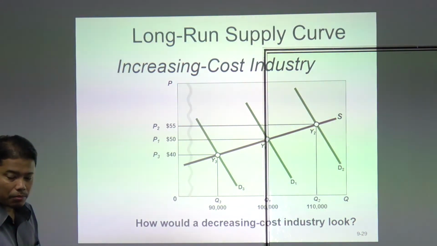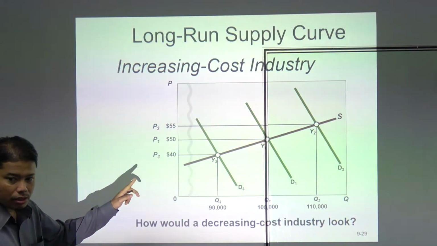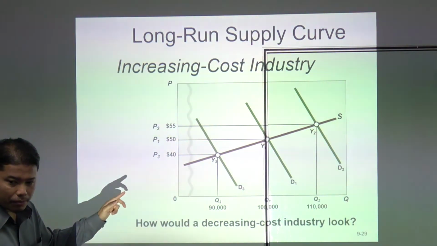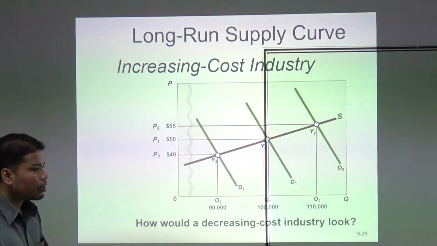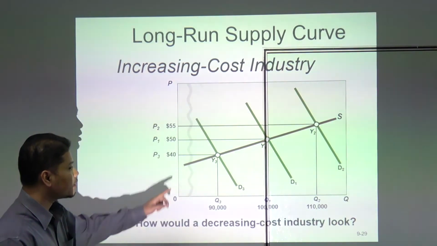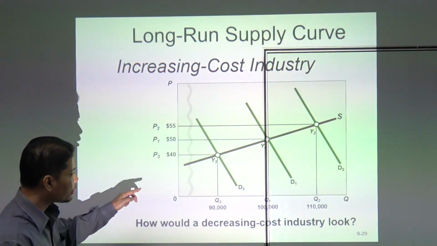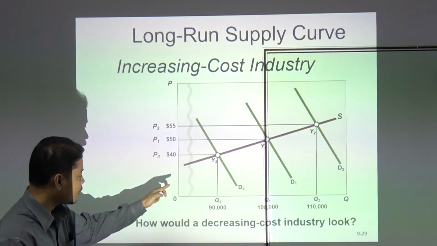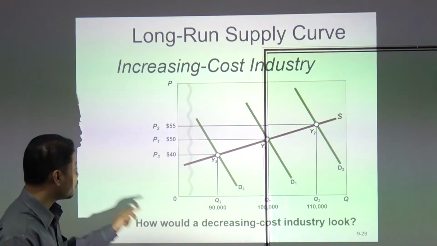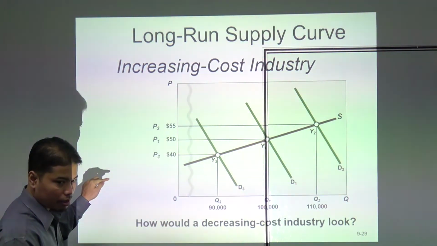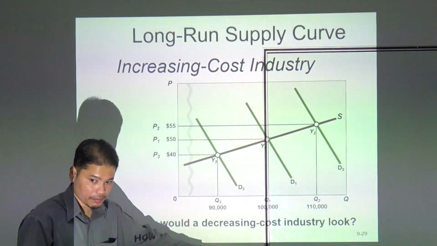Before this, the new equilibrium goes back to the original price. In an increasing cost industry, the cost will go up as new firms enter into the industry, and as a result, the new equilibrium will be higher than the original equilibrium. So in this case, when initially the price was 50 and equilibrium at Q1, the new equilibrium will no longer return back to 50, but will be at a higher price, let's say 55 at Q3.